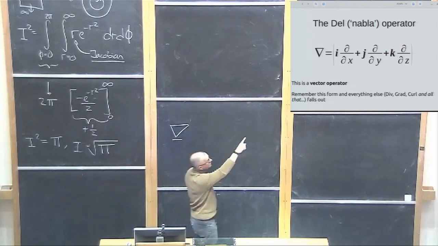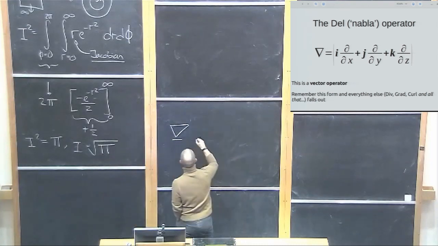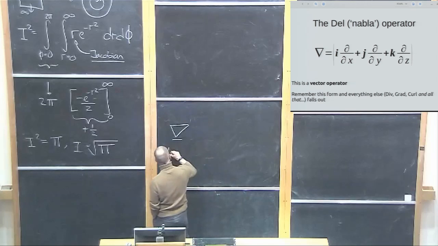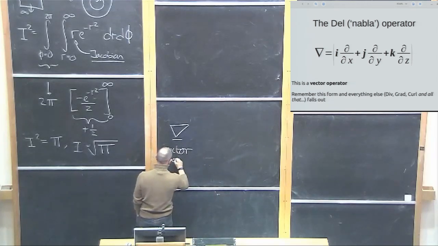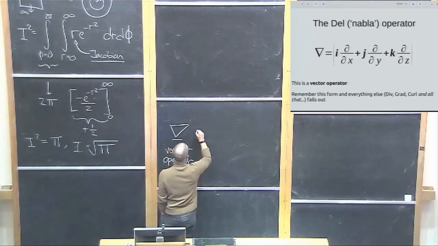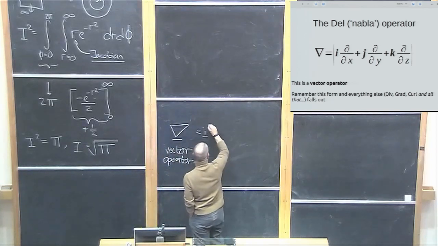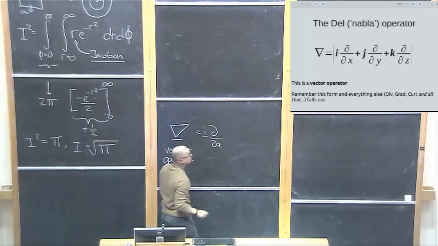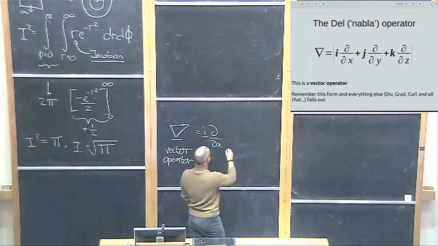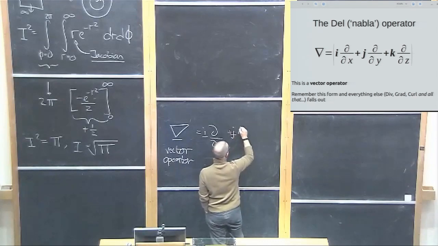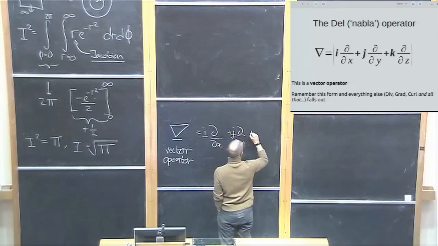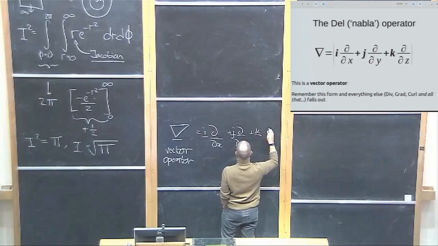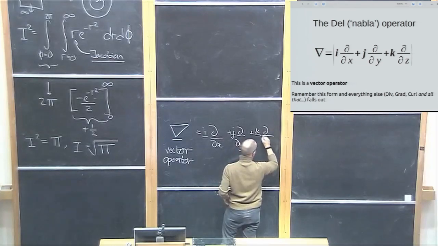So del, and this symbol is also known as nabla, is a vector operator. And it equals i, so that's the unit vector in the x direction, times the partial derivative with respect to x, and similarly for the y and z directions.